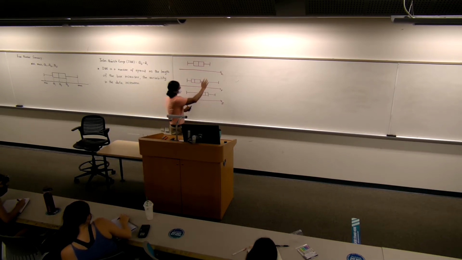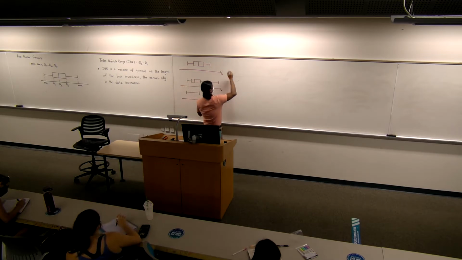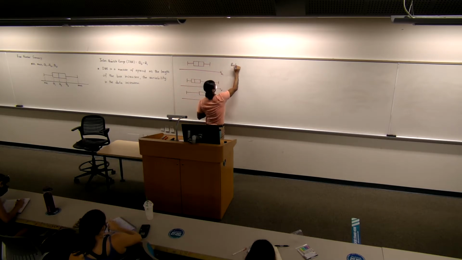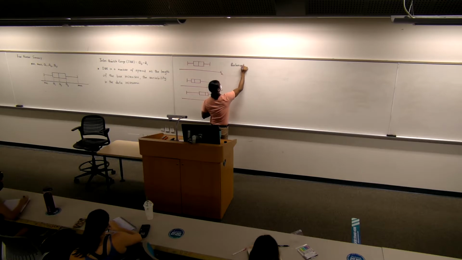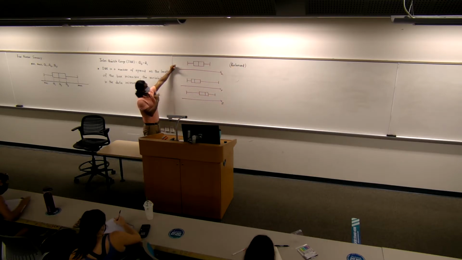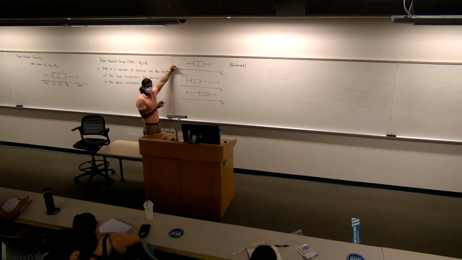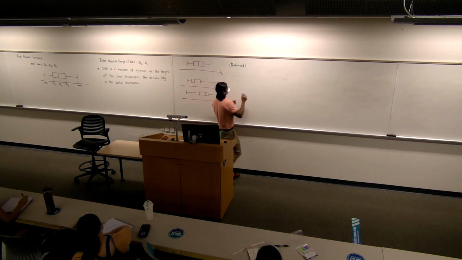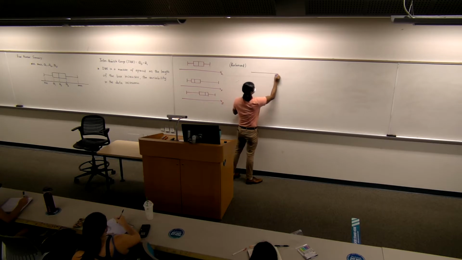Okay, so this particular example, the first one, is balanced in the sense that there are no outliers and the whisker lengths are identical, so it is balanced. And if we get a histogram for that particular sample, what would it look like?